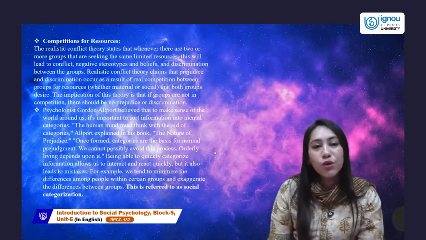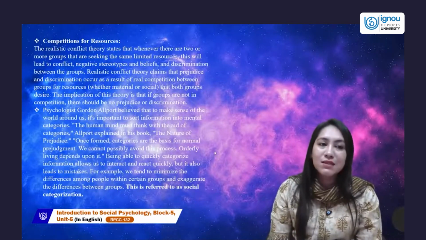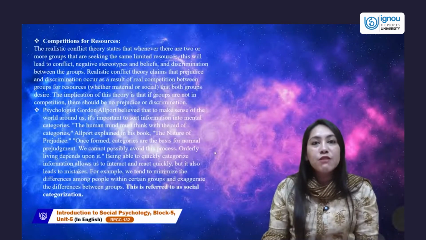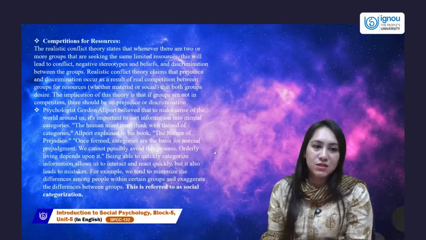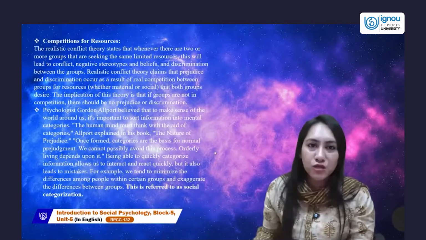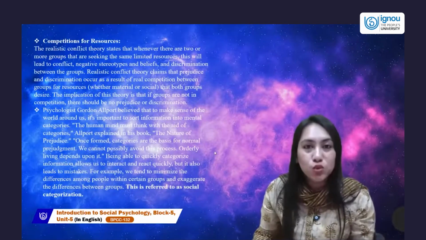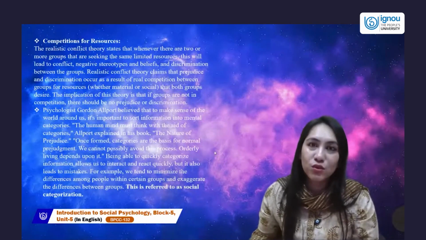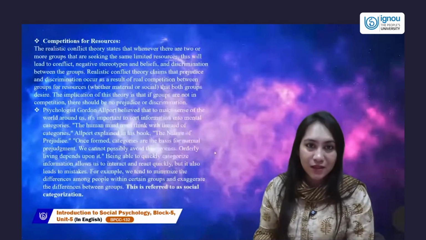Realistic conflict theory also claims that prejudice and discrimination occur as a result of real competition between groups for resources. So the resources can be anything. It could be monetary, it could be material, it could be social, it could be physical also, that both groups desire. So we should have groups that both desire to have that resource.